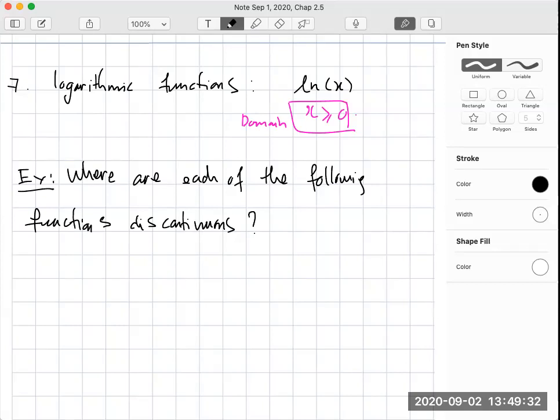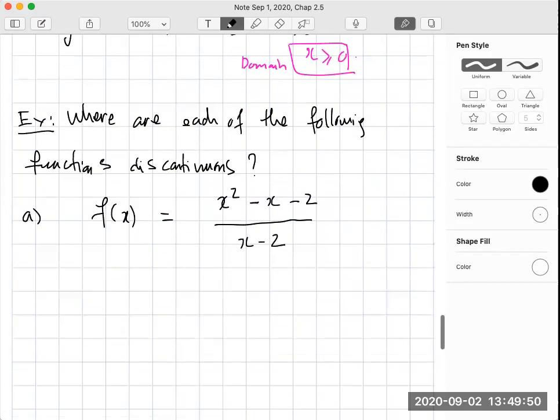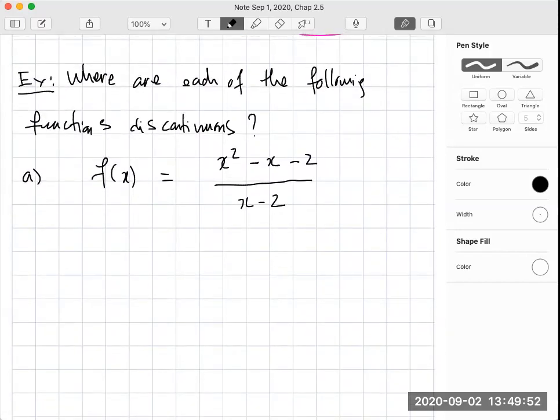So they ask us, the first one is the function f of x is x squared minus x minus 2 divided by x minus 2. That is the first function.